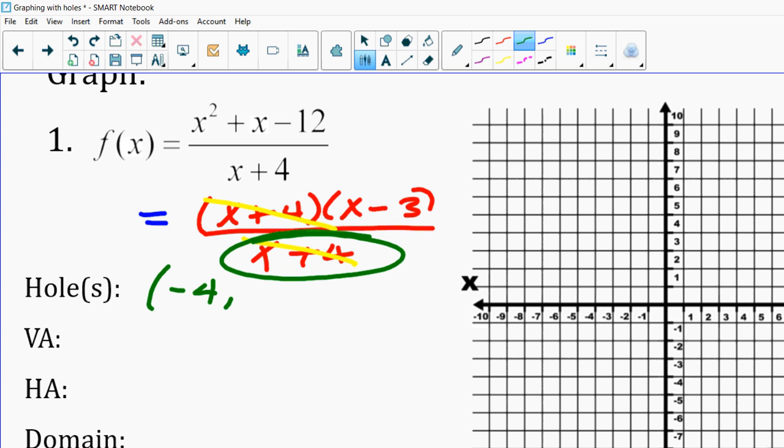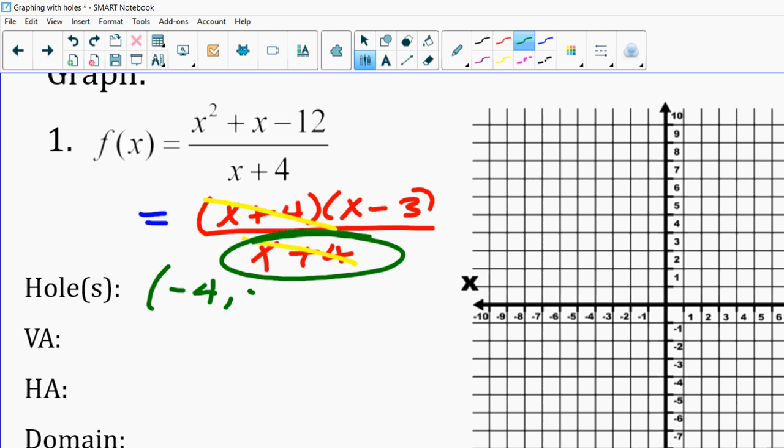Now, look at your table and see if you can figure out what you think the y value ought to be. Why do you think -7? That's right.